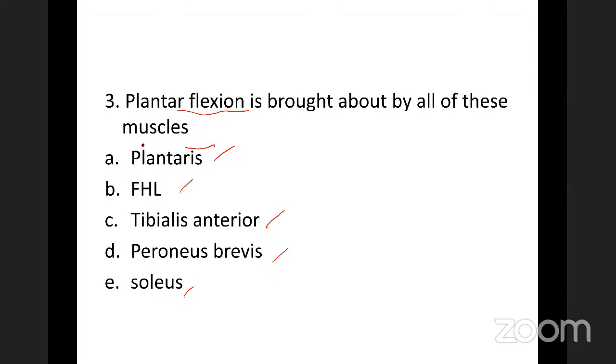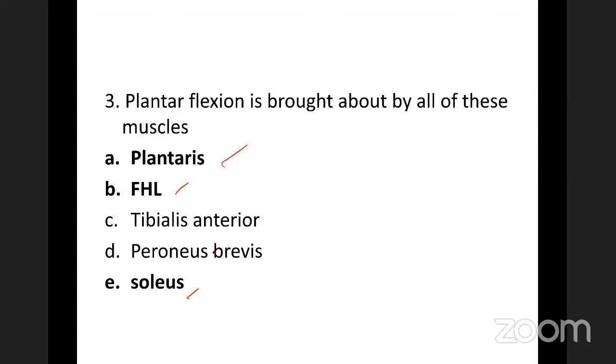See, plantaris, soleus, gastrocnemius, they bring about plantar flexion, and also the flexor hallucis longus. Tibialis anterior brings about dorsiflexion. Peroneus brevis brings about eversion of the foot. So the answer is plantaris, flexor hallucis longus and soleus.